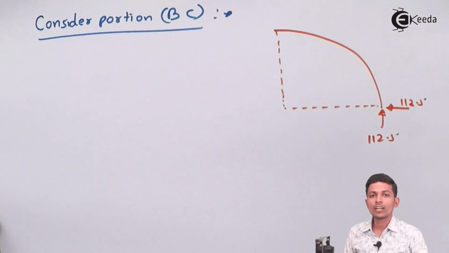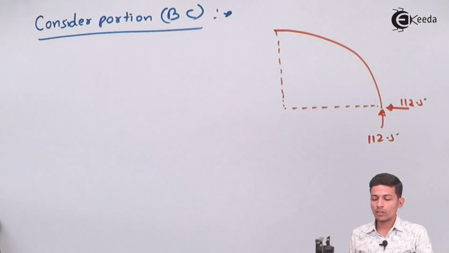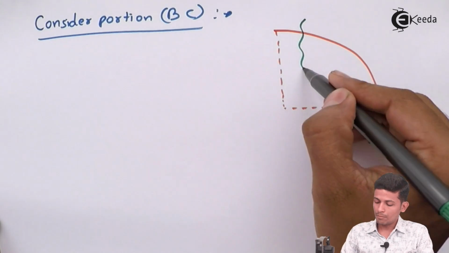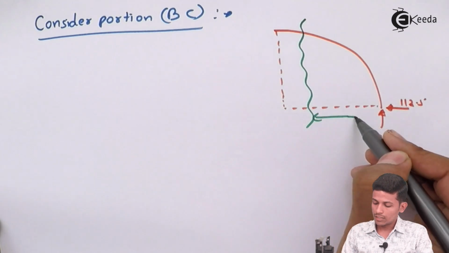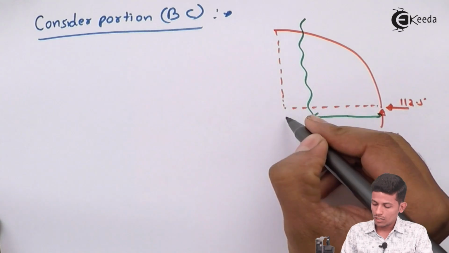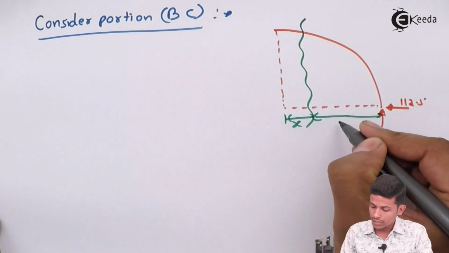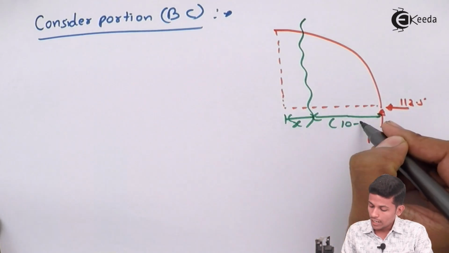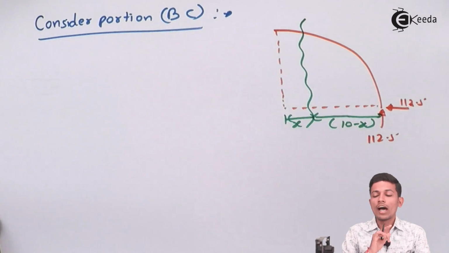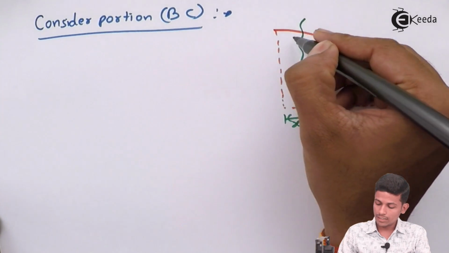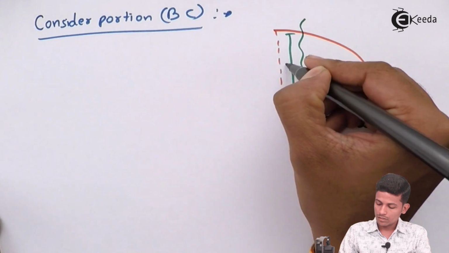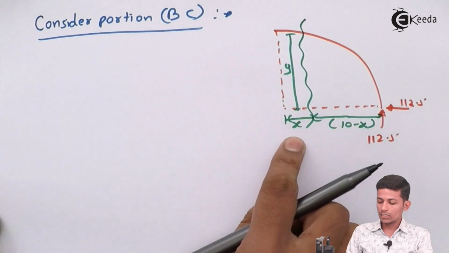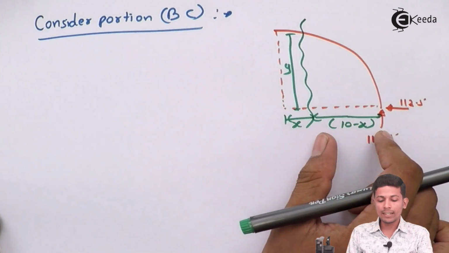We don't know the x distance as well as the y distance. So take randomly one section over here, and this is your x distance, but this distance is nothing but 10 minus x. As you all know, for a circular arch, this is your x and this is your y.